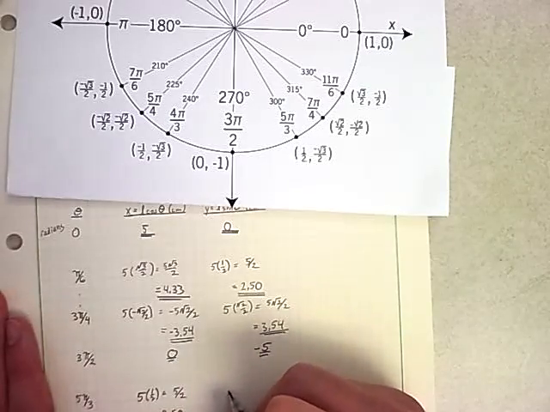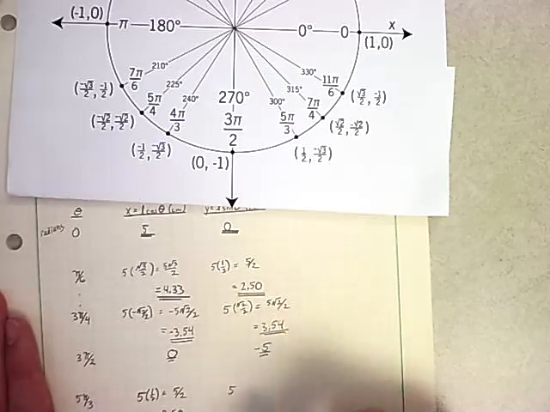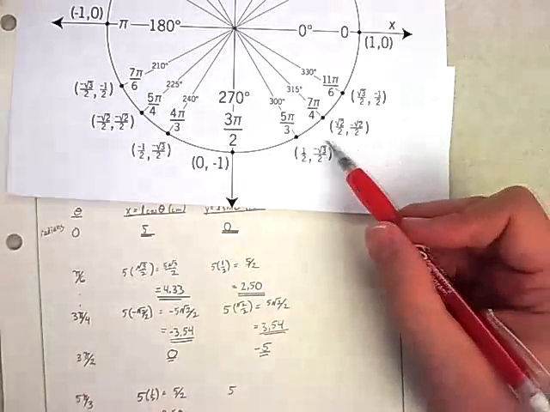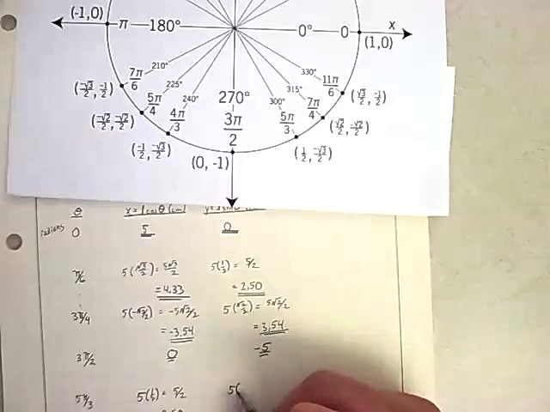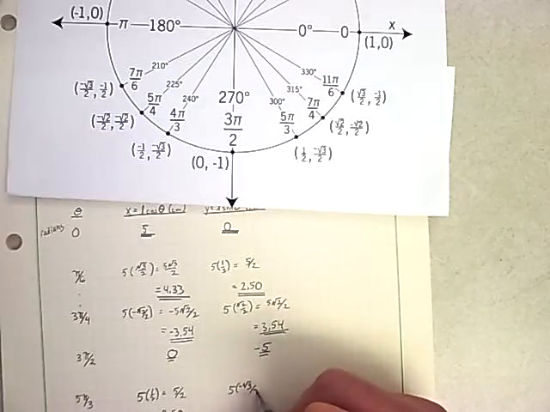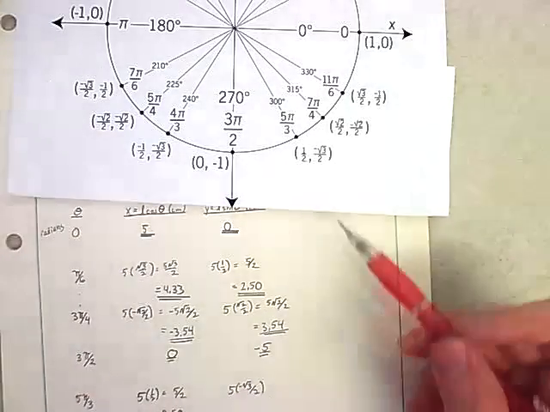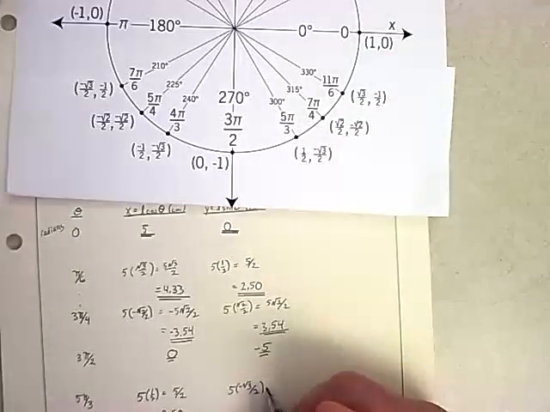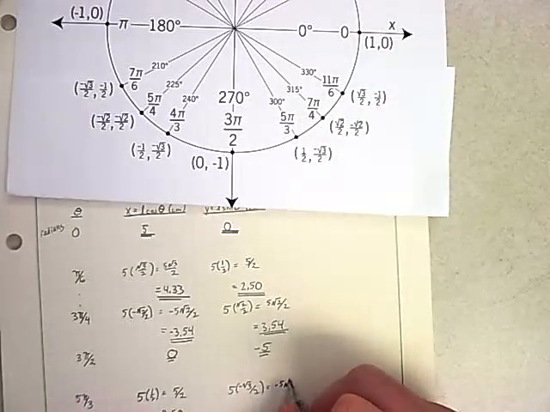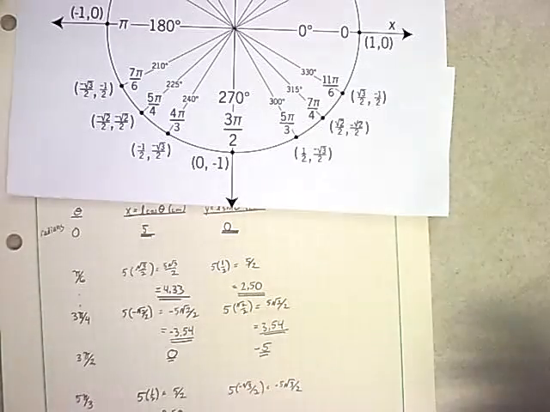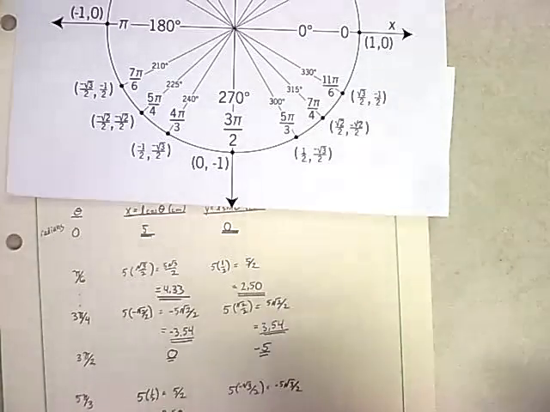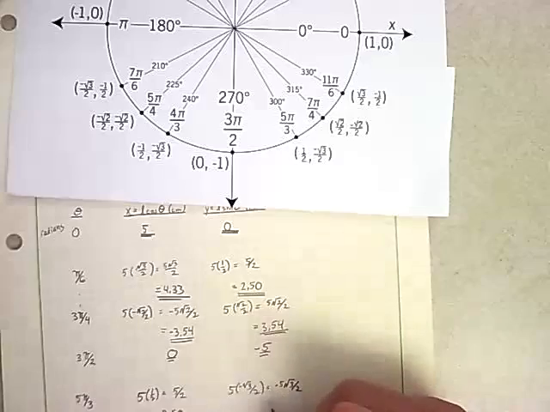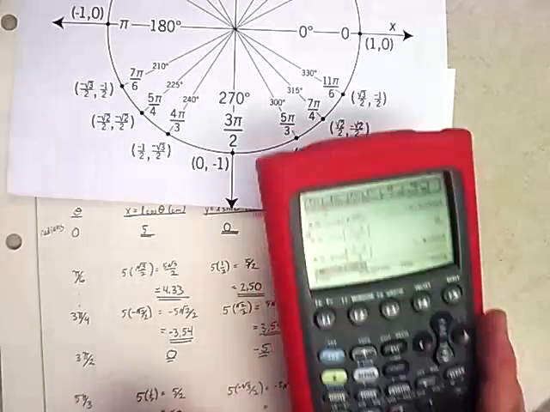And for this y value, which is the sine, we have that it's negative square root of 3 over 2. Again, we expect it to be negative because y is going down here. So again, the exact answer would just be to write it like that, but we generally want an approximation, so I'll go back.